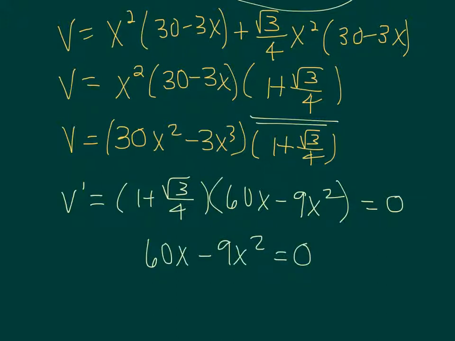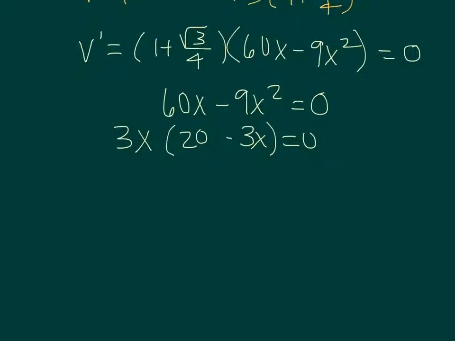I'm only concerned about the second piece. I'm going to factor the 3x out. I get 3x times 20 minus 3x. And that occurs when x is 0 or when x is 20 thirds.